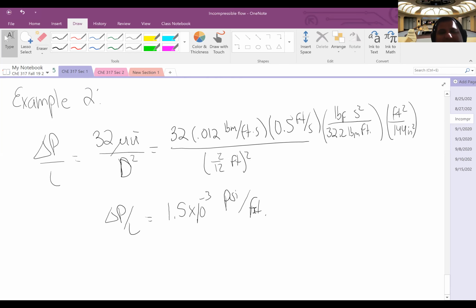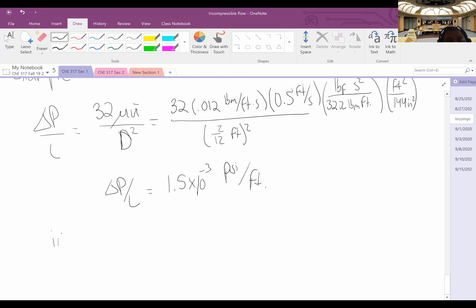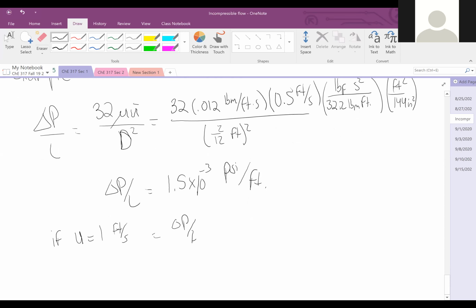So the last part of the question asked, what would we expect to happen to our pressure drop per unit length if we doubled the velocity? It would increase to what? 0.00298, I think.